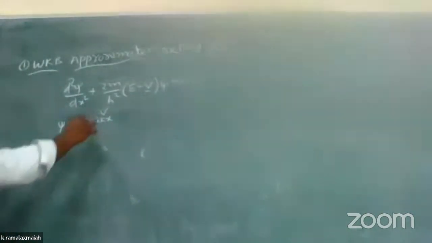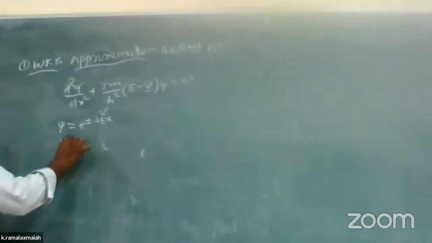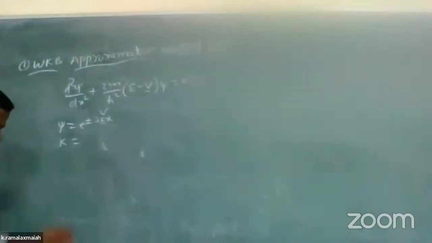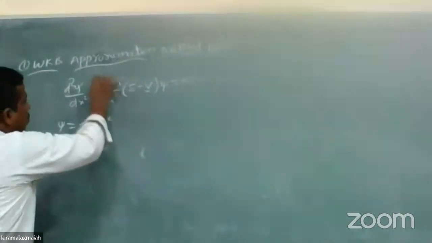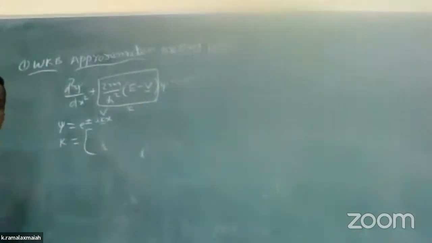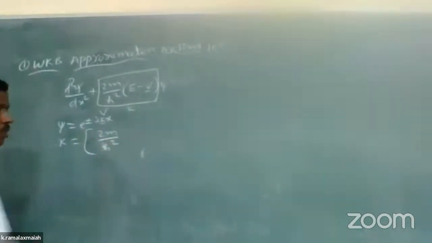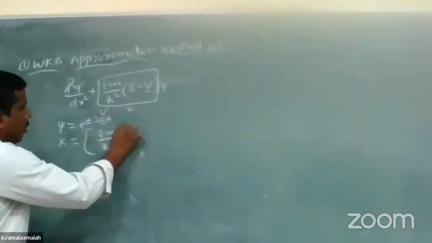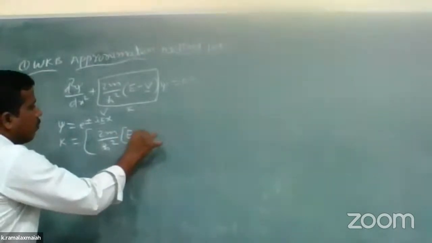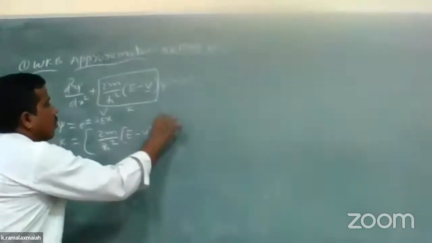Okay. So here this is the formula: k is equal to (2m by h bar square into E minus V) to the power of 1 by 2.